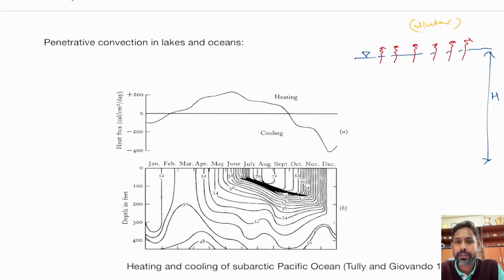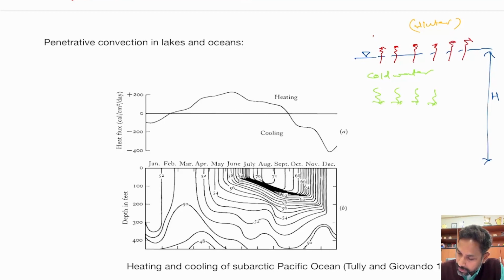If the upper layer of fluid starts getting cooler, its density increases compared to the lower layer, and that is why this cold water now starts going downward, right?